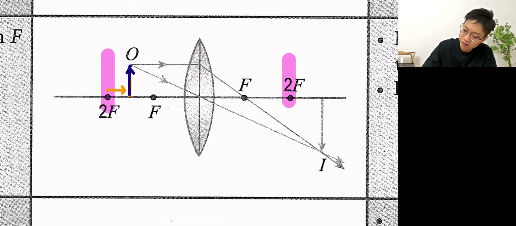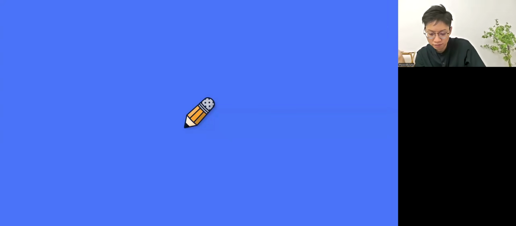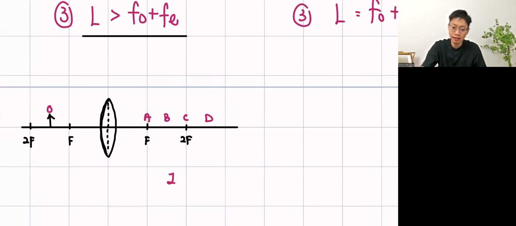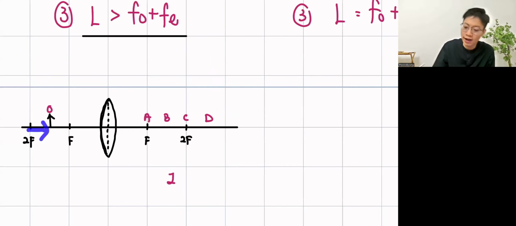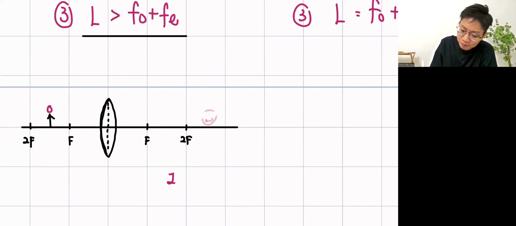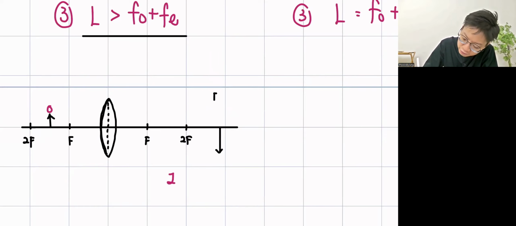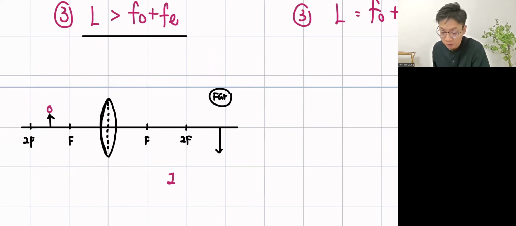Correct. So if my object is to the right of 2F, my image will be far away. Meaning to say that my image will form very far. It'll be very far.